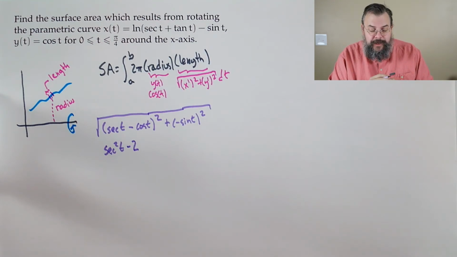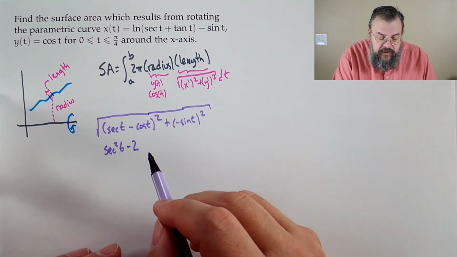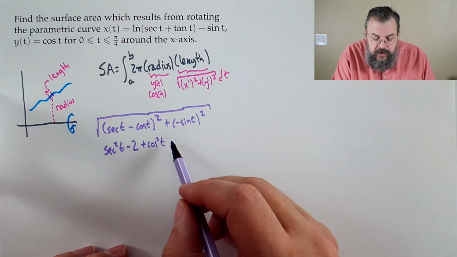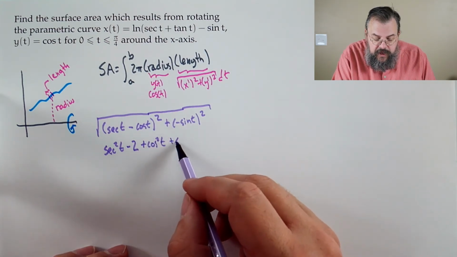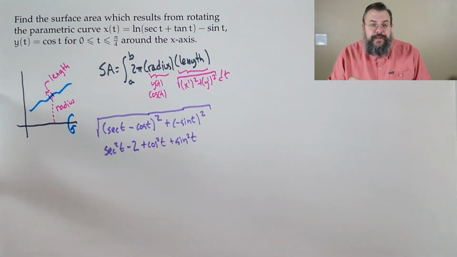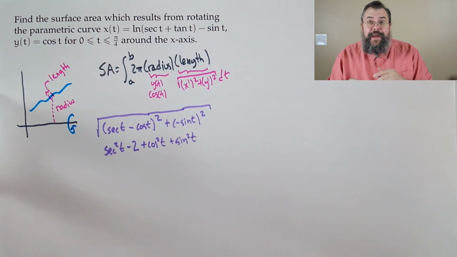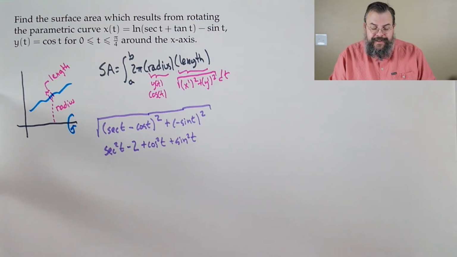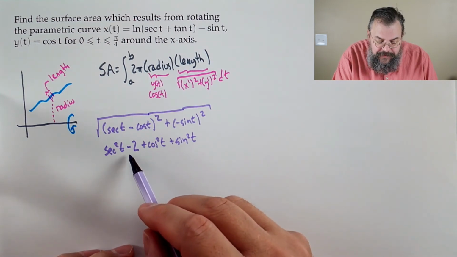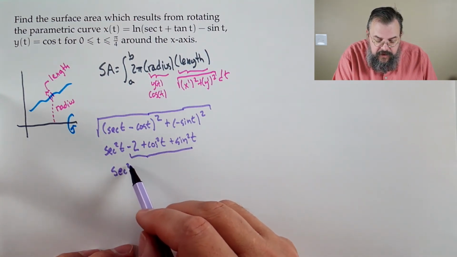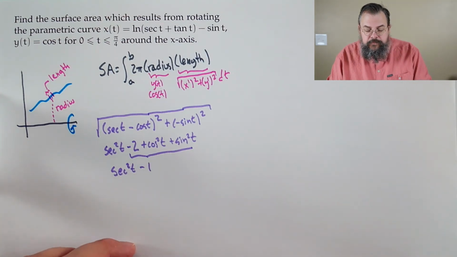Very clean. Then plus cosine squared, and then here you square that, the minus goes away, sine squared. Beautiful. Cosine squared plus sine squared is 1. So all of this combines together to give us minus 1.